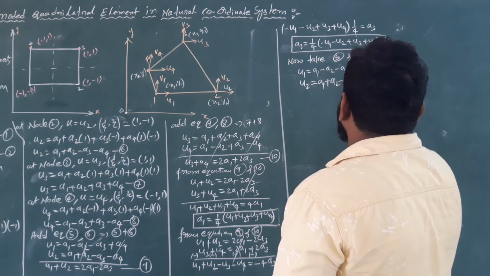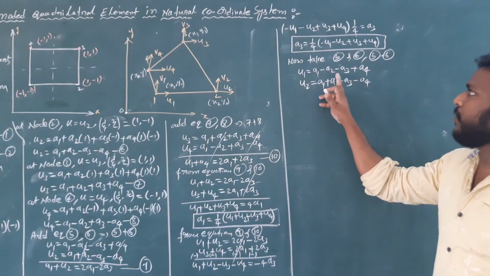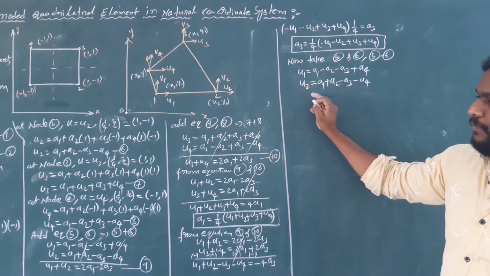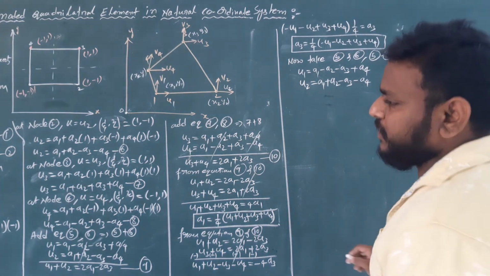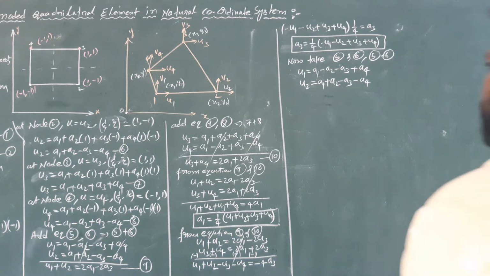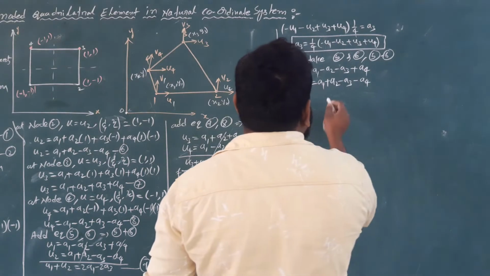This is equation number 5, and this is equation number 6. Okay, so please check it. u1 equals a1 minus a2 minus a3 plus a4, and the 6th equation is u2 equals a1 plus a2 minus a3 minus a4. These are the two equations we got.